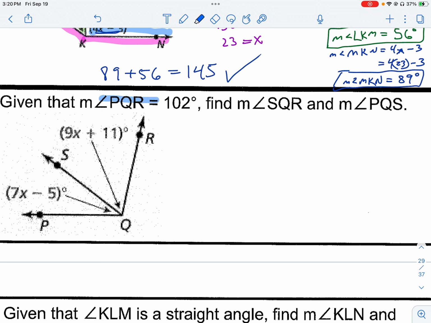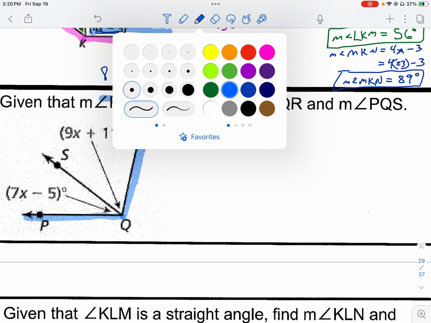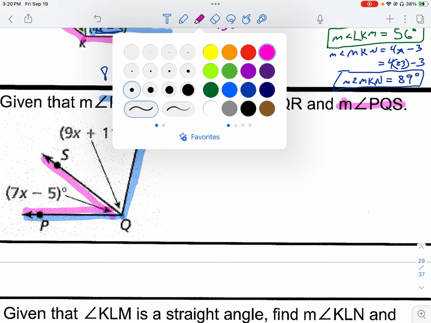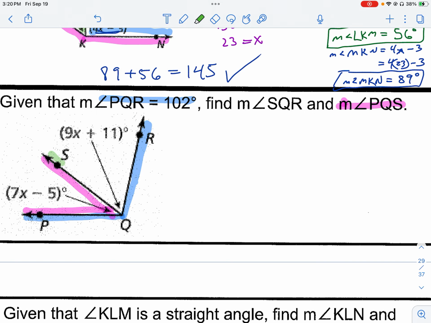All right, so PQR is 102, and here's PQR. Here's S, or PQS, which is this one. And here's SQR, which is this one. So let's start off at the very beginning.